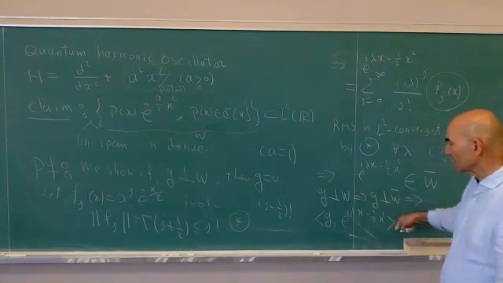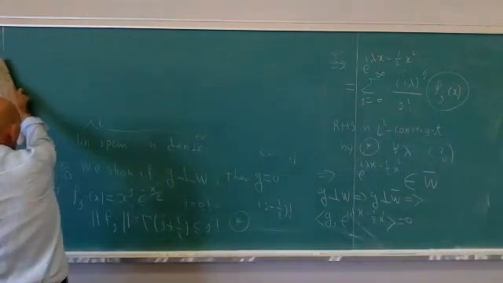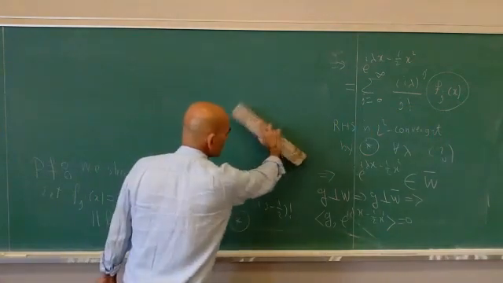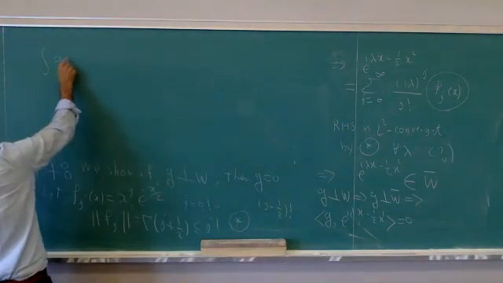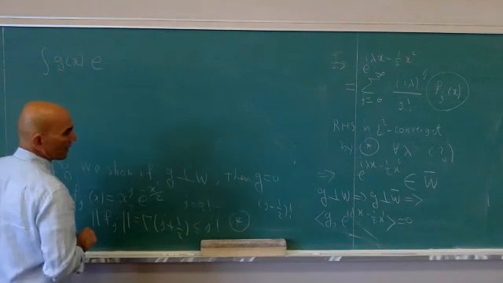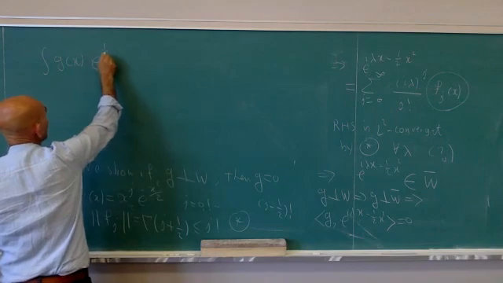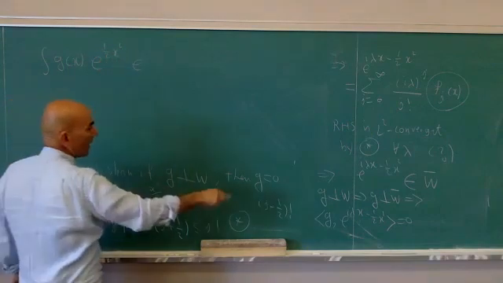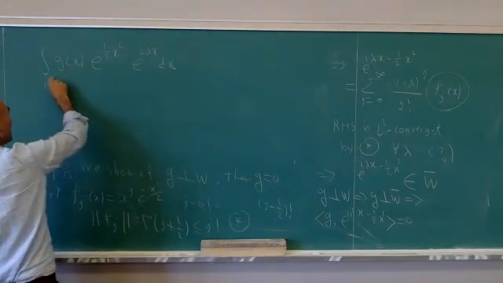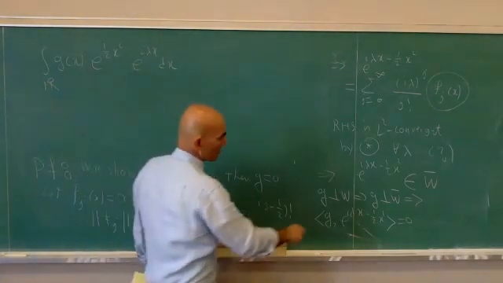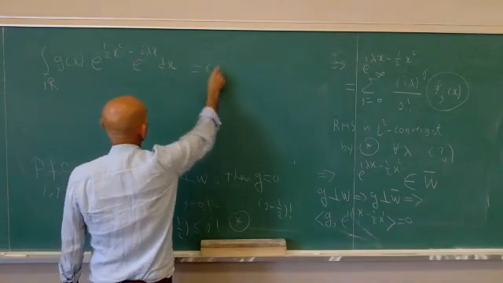But what does this statement mean? I want to finish now because I just need one minute. Well, let us write it. This just means the integral over R of g of x, e to the i lambda x, e to the minus half x squared, dx, where we have to complex conjugate this part, is equal to 0.